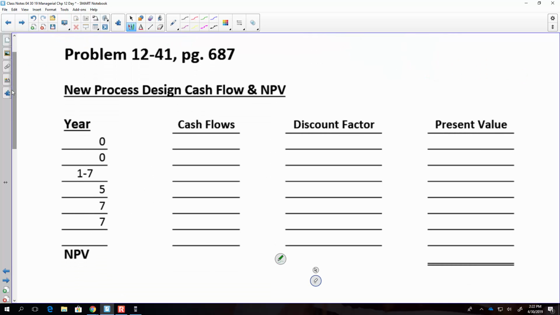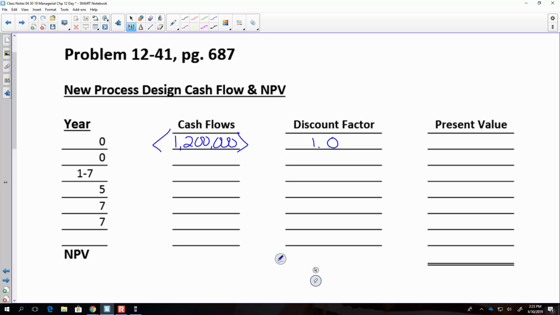On problem 41, let's just jump to there. I just want to make a note of how I have this laid out. This particular problem, we're looking to spend in year one 1.2 million on some investment.